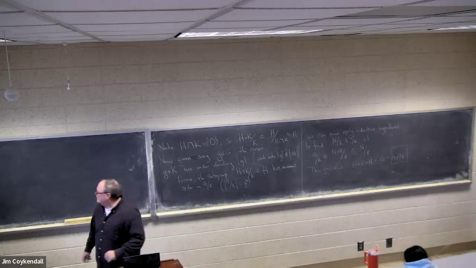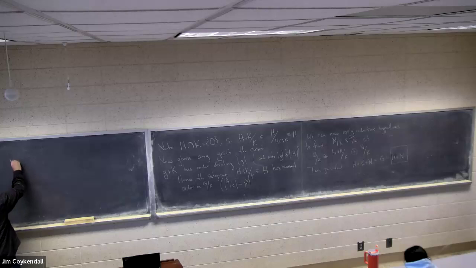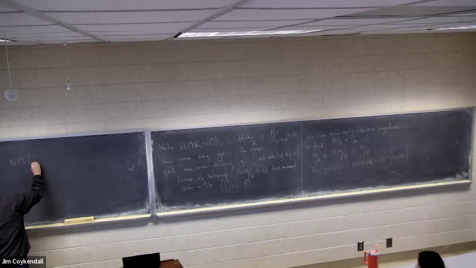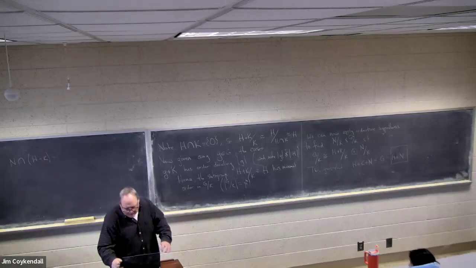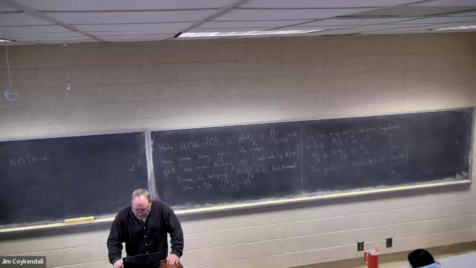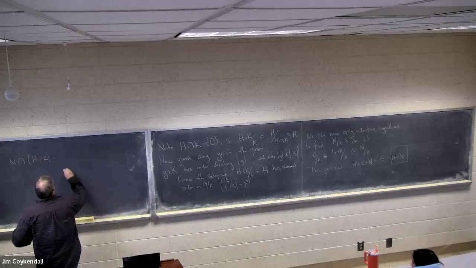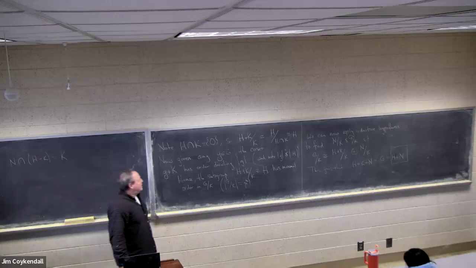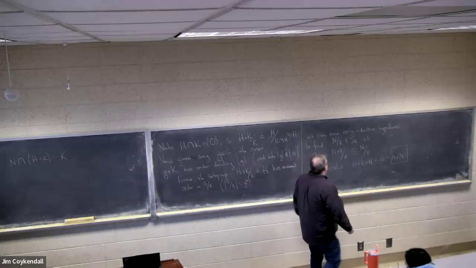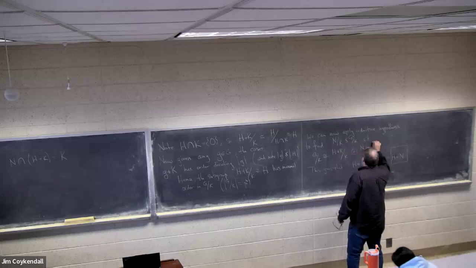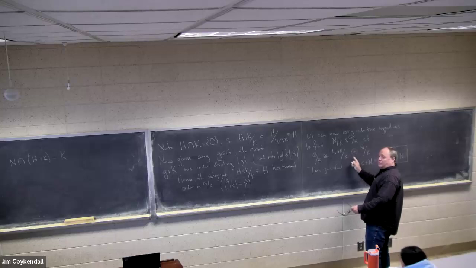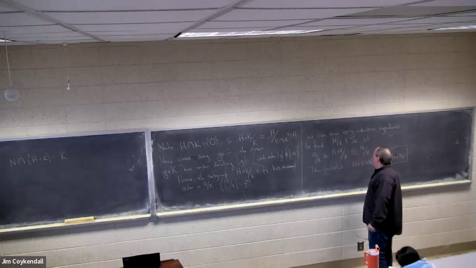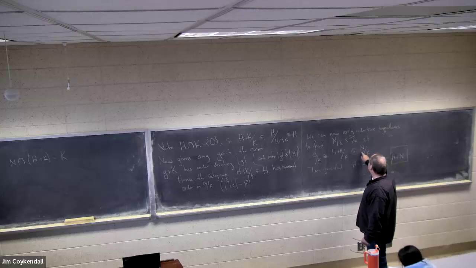Notice that N intersect H plus K should equal K. Why is that the case? Because this right here, our inductive bit, is a direct sum, direct product, whatever you call it, decomposition. That means that the intersection of these two pieces is trivial.